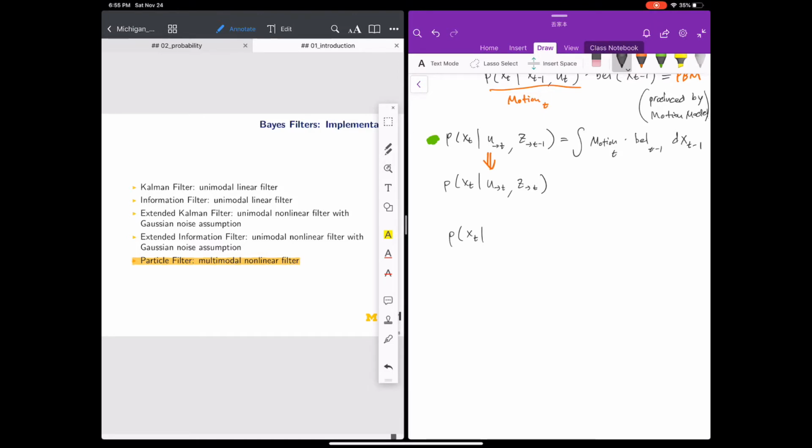This feels like you just need z 1 to t, is what we have, right? So this thing over p of z.